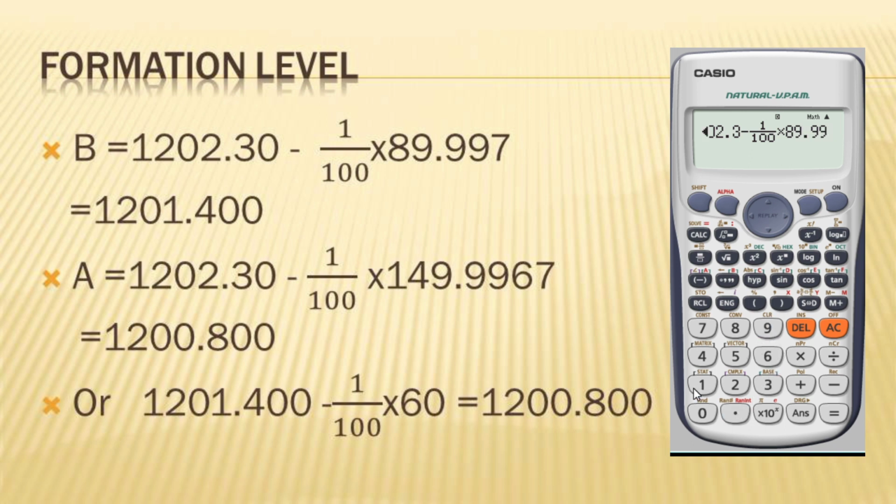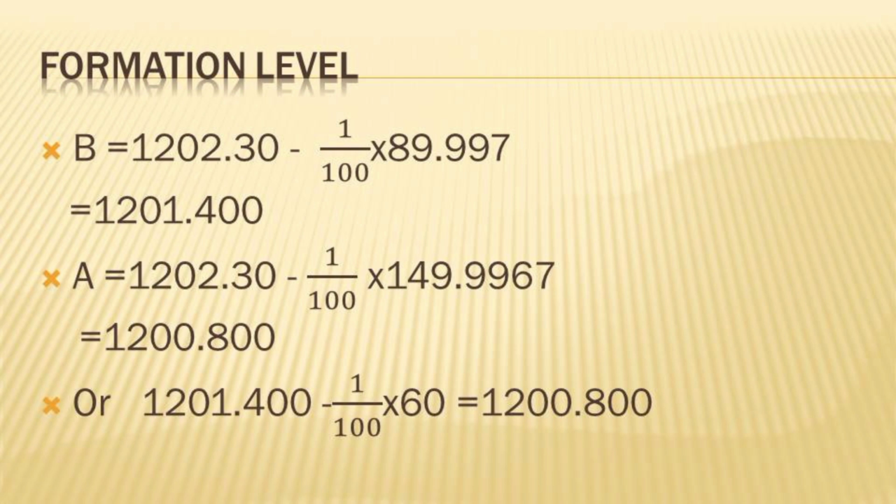There we have calculated it as 89.997, getting our final answer as 1201.4 meters. That is the formation level at B.